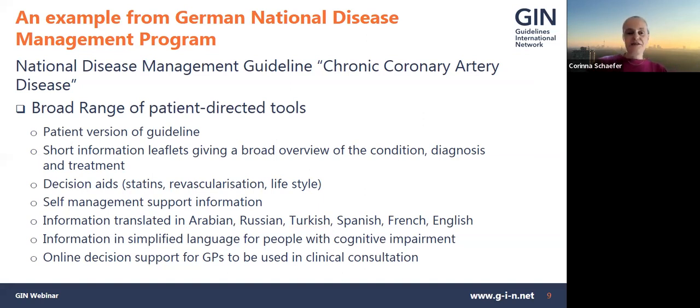And then you can decide together if that risk is with taking a statin or not. So this is the kind of interactive tools that we offer. And the chance here is that you can, to a certain extent, individualize decisions and risk communication.